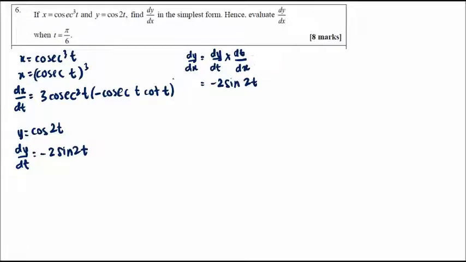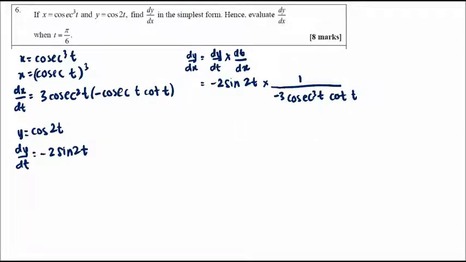For dt/dx, we need to invert our dx/dt. So we will have 1 over negative 3 cosecant cubed t, and then cotangent t over here.